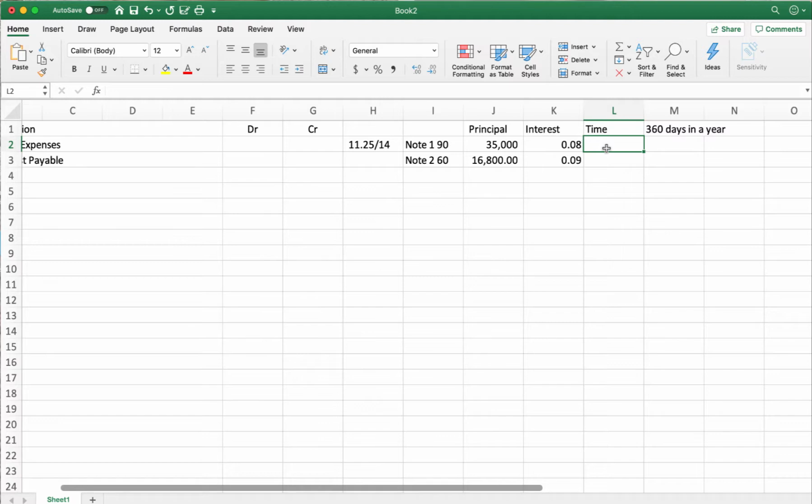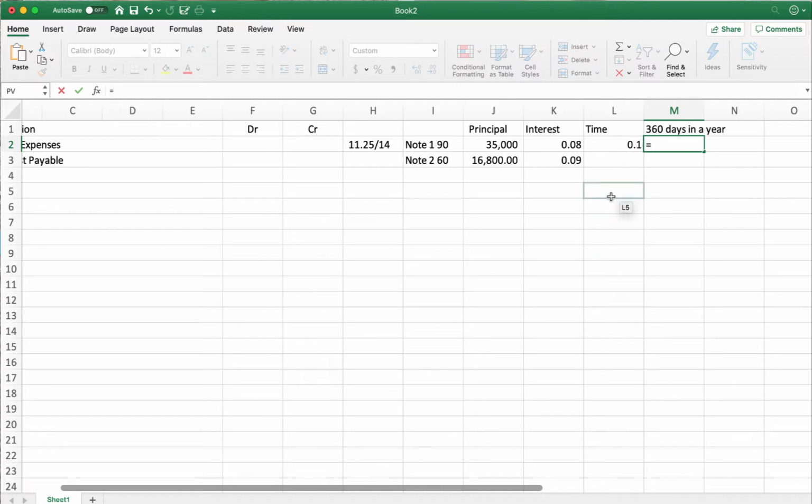It's 36 days, right? So we're going to calculate our time by saying 36 days out of 360. That ends up being, we'll just use 0.1. That's fine. We don't need to go out any more decimal places.